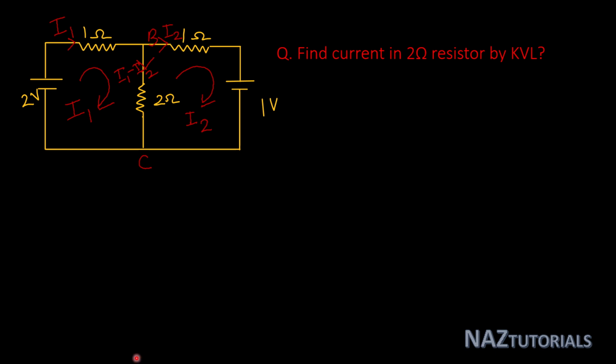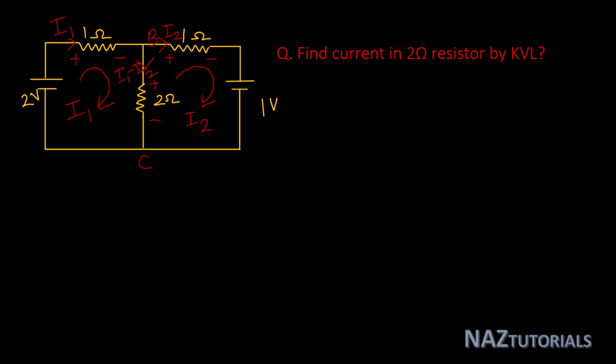So you can see all the circuit elements are given a current direction, and we assume all the current directions, then apply polarity. For this current direction I1, this is plus, this is minus. Current always flows from higher potential to lower potential. For this current, this is plus, this is minus, and for this current, this is plus, this is minus.